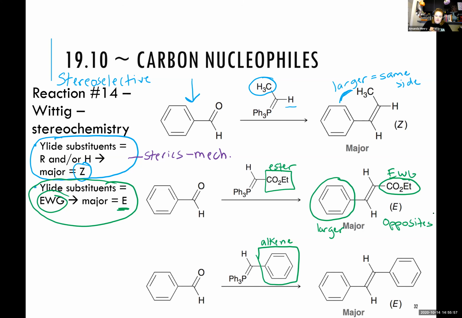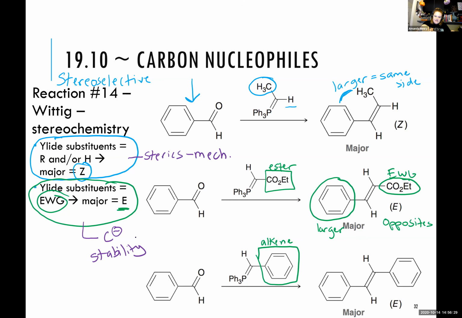This has to do with the carbanion stability within that mechanism. In order for that electron withdrawing group to participate in resonance, it will be pointed in a direction where it's away from everything else, and so it allows it to have more resonance participation.